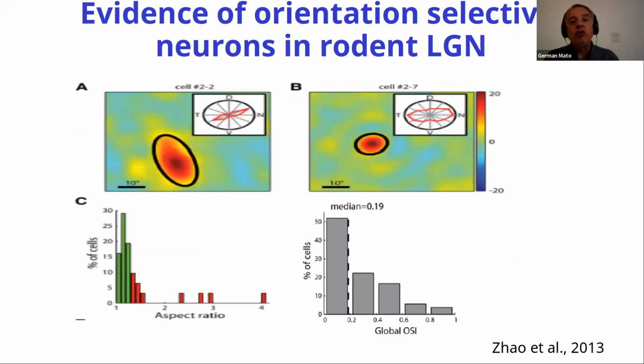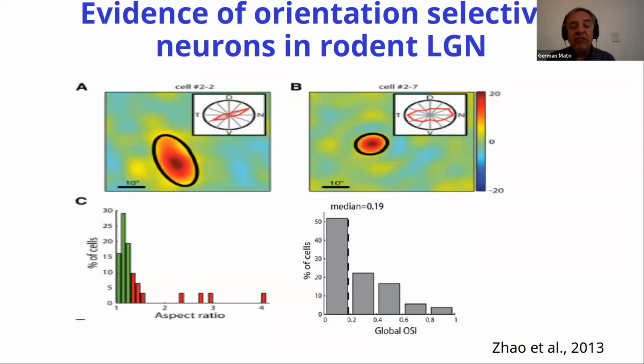The fact that the neurons in LGN are selective to orientation has also been verified by mapping directly the spatial structure of the receptive field. This is in the paper of Zhao, where he studied the structure of receptive fields using reverse correlation methods, and he finds typically that the structure is elongated, right? It's not circular as one would expect naively from the figure of Hubel and Wiesel.